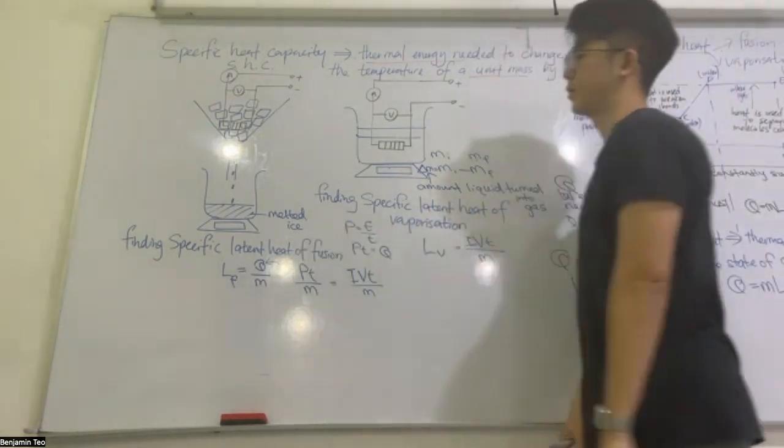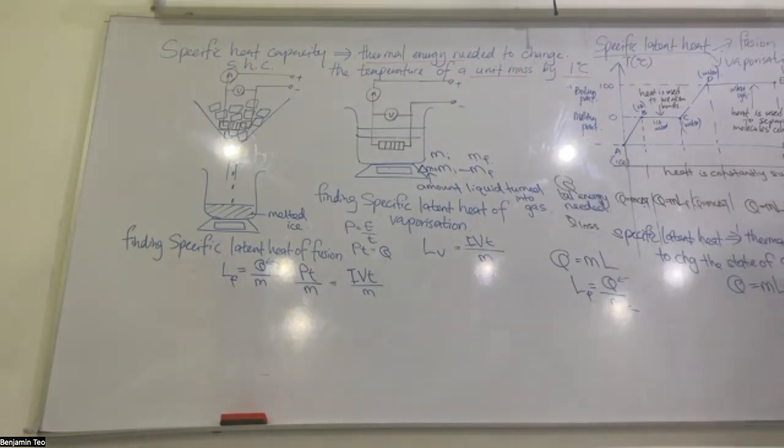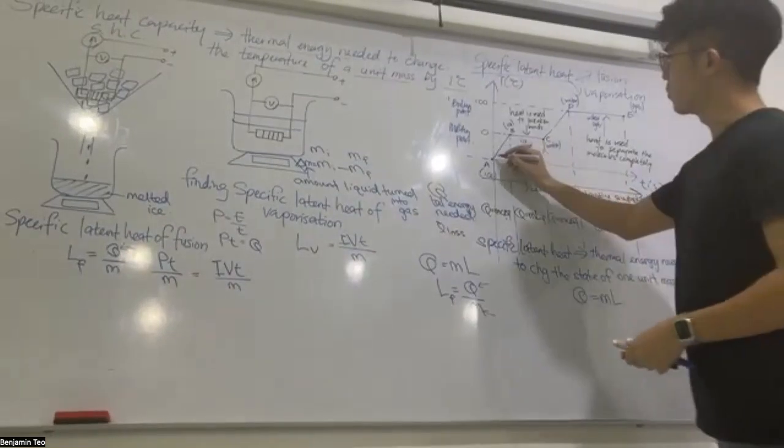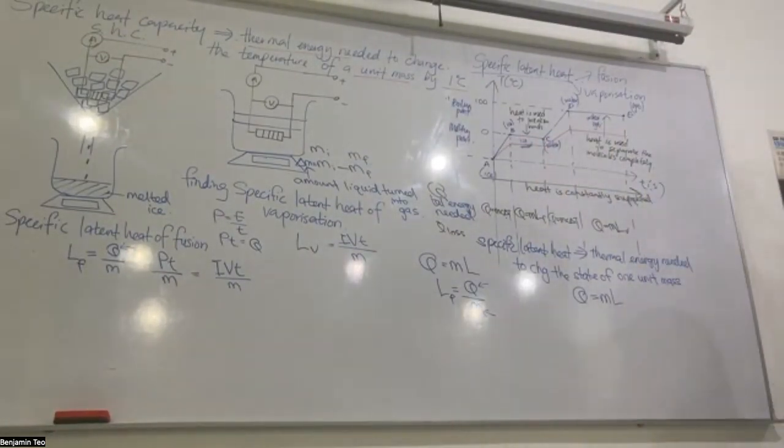Okay, so for the heating curve, if I make the curve sloping less like this, let's say I compare it with another one that is like this.